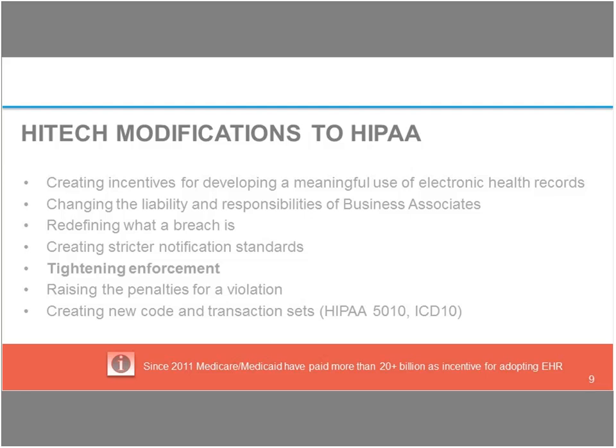Then the next one is they tightened the enforcement. That is essentially the main objective of this webinar, talking about audits, where they are, and what kind of information they are requesting. And of course, they also increased the penalties for a violation.